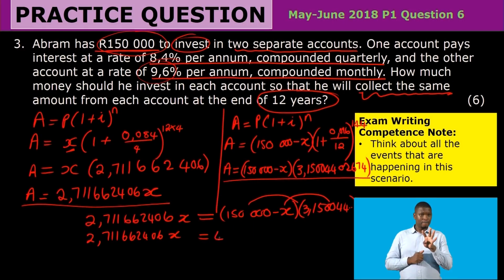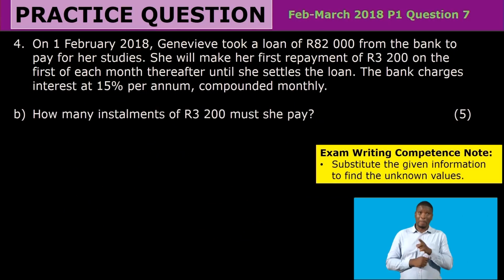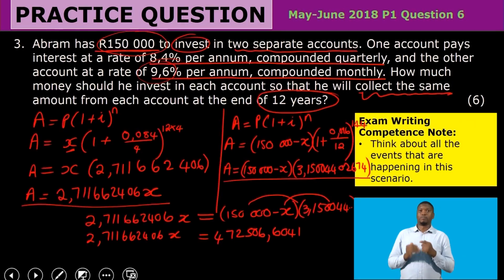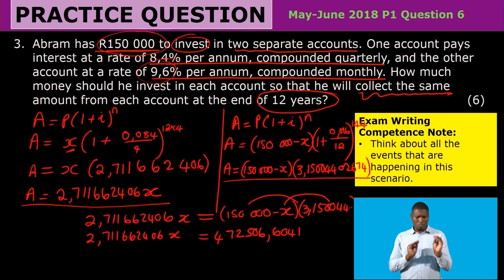That is going to be 4,72506,6041. You need to be careful when you are writing down those values, and make sure you don't miss any number. And then that is going to be minus the 3,150,044, and we are going to have an X there.